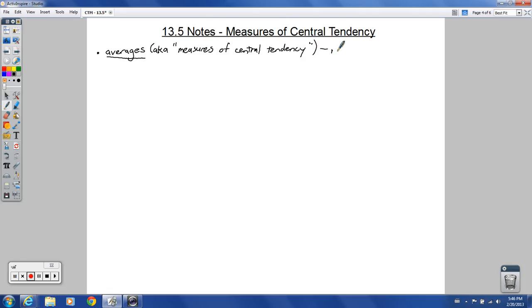Let's underline that too, these are a couple vocabulary terms right there. These are numbers that are representative of a group of data.